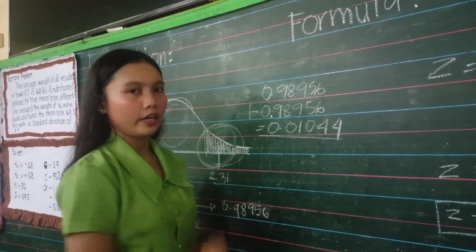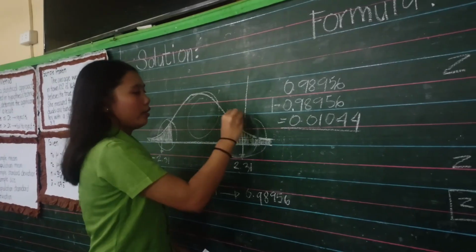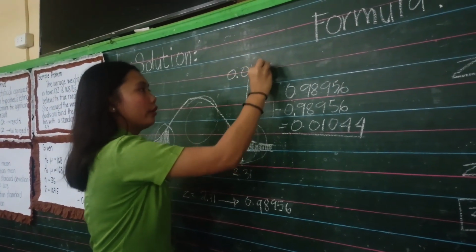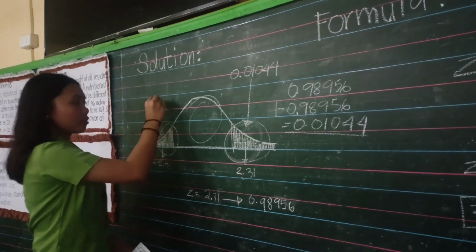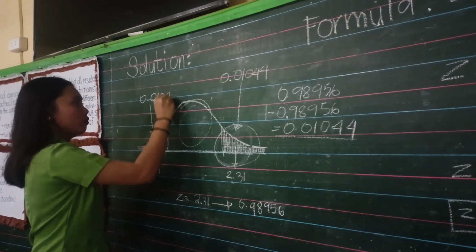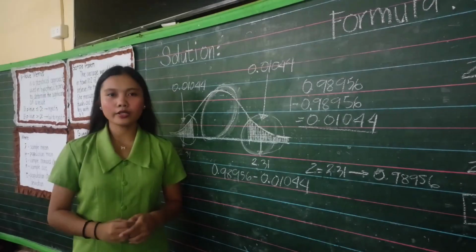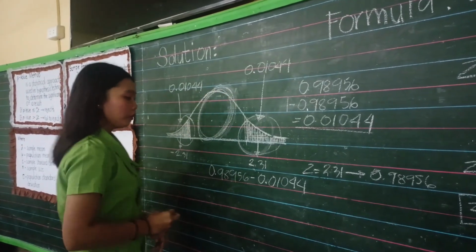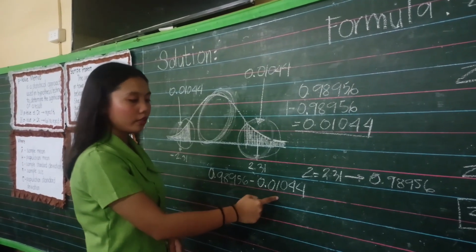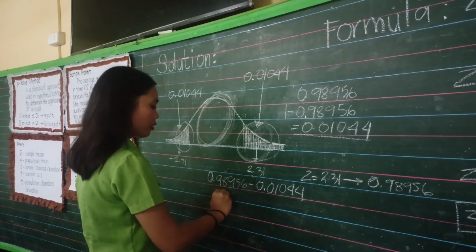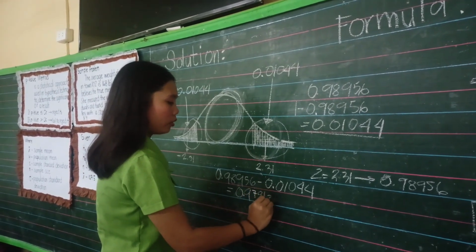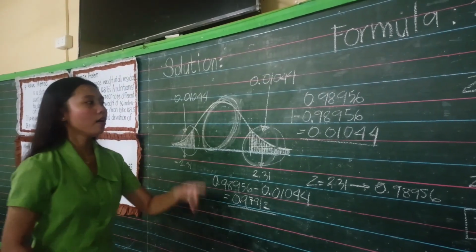This is the area to the right. And for the left, it is going to be the same, 0.01044. In order to get the area in the middle, we must take 0.98956 minus 0.01044. So the total is 0.97912. This value is the area in the middle.